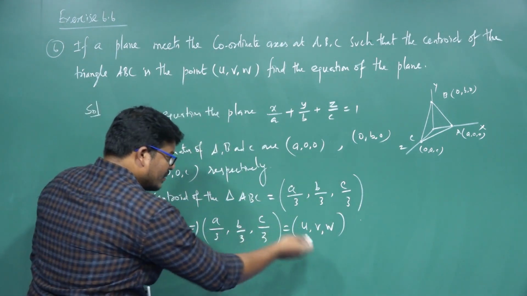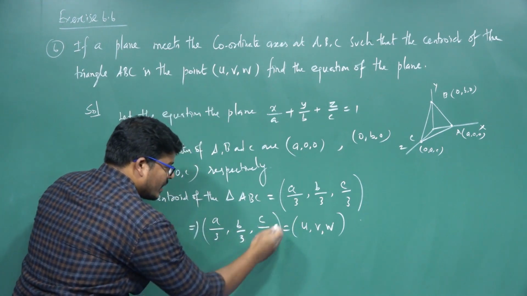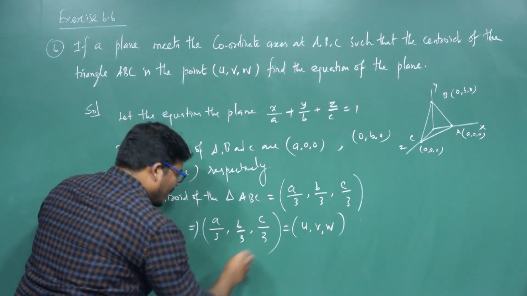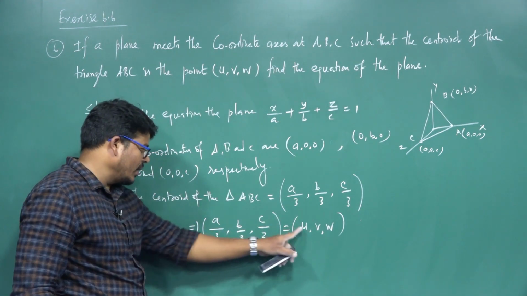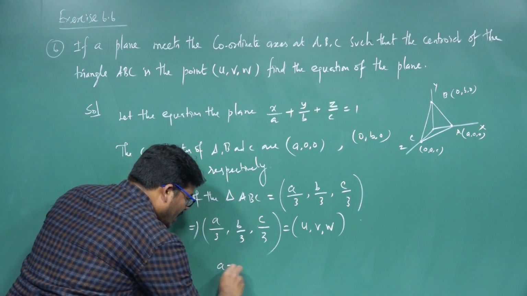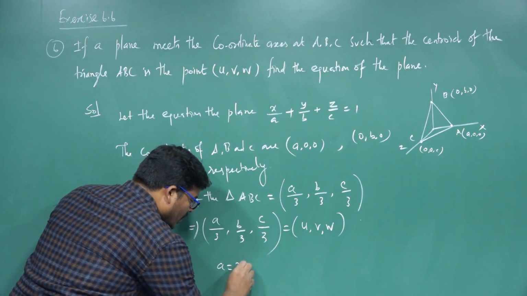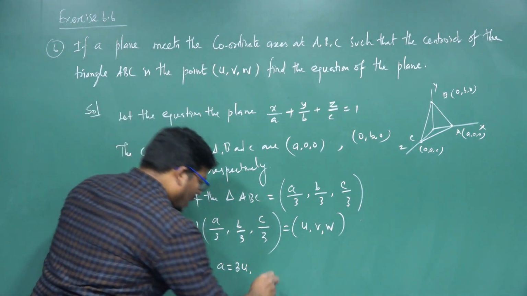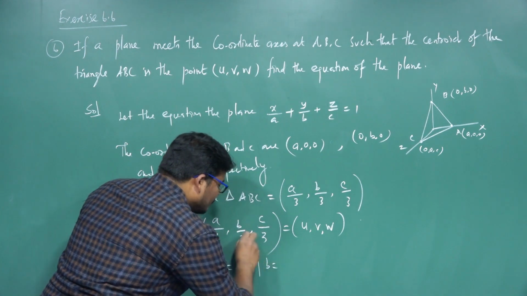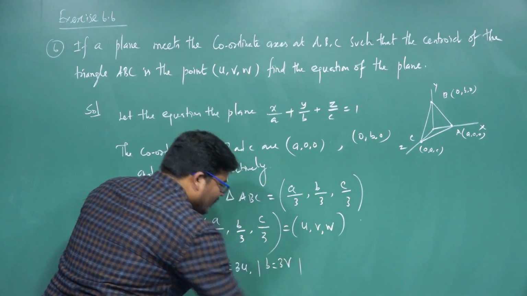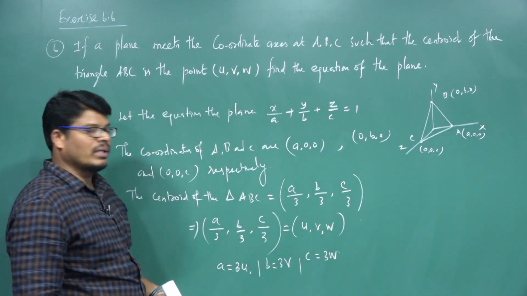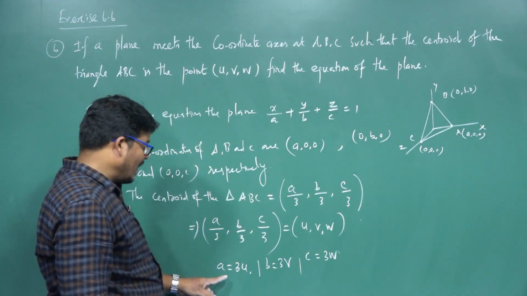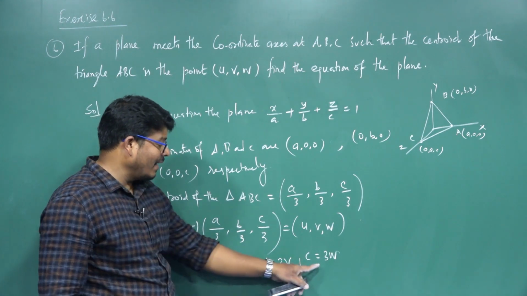Now equating x, y, z: a by 3 equals u, therefore a equals 3u. Next, b equals 3v, and c equals 3w. The values are a equals 3u, b equals 3v, c equals 3w.